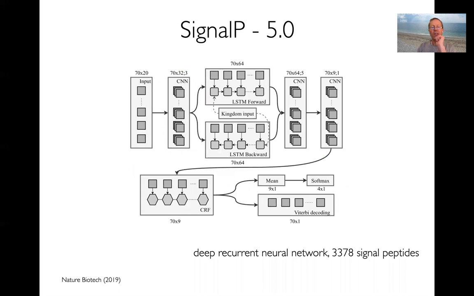Now the latest version of SignalP is SignalP 5.0. That's from 2019. And now you can see that the number of signal peptides in the training set also went up a bit, but mainly it was the underlying neural network architecture that has been made much more complex now. And it's using what's called deep recurrent neural networks.